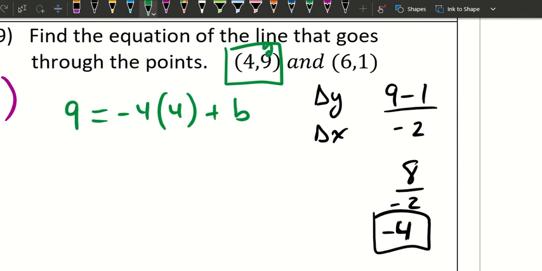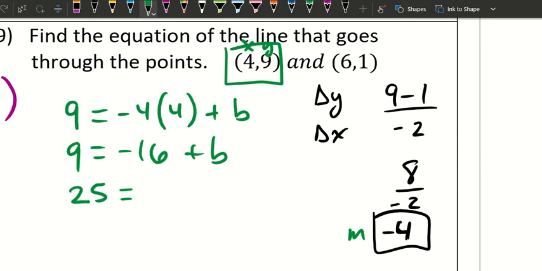I took the y value from this point and the x value from this point and the slope that I found earlier. So I get the equation that 9 equals negative 16 plus b. And if I add 16 to both sides, I get that 25 must be the value of b. 9 plus 16 is 25.